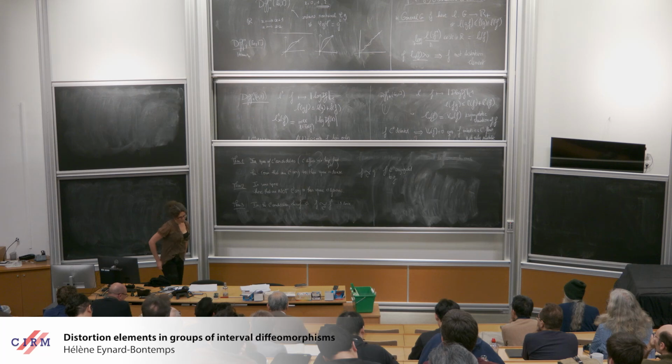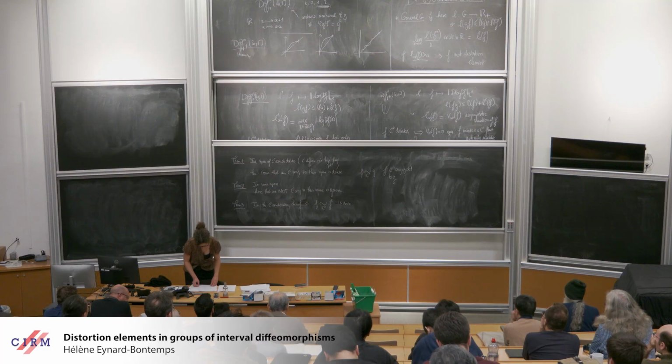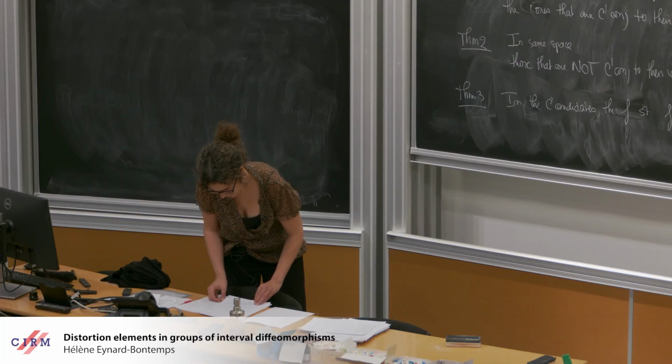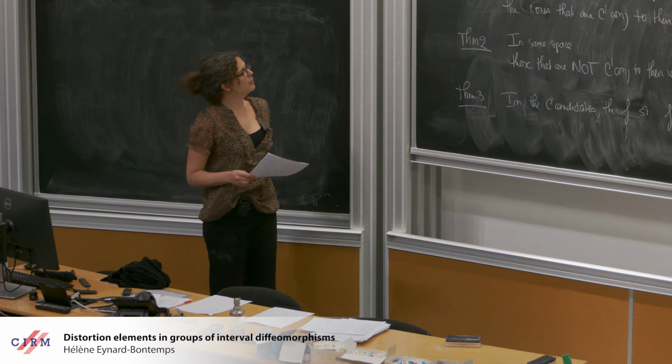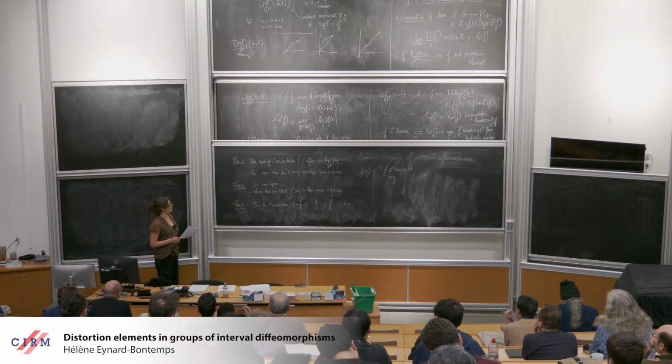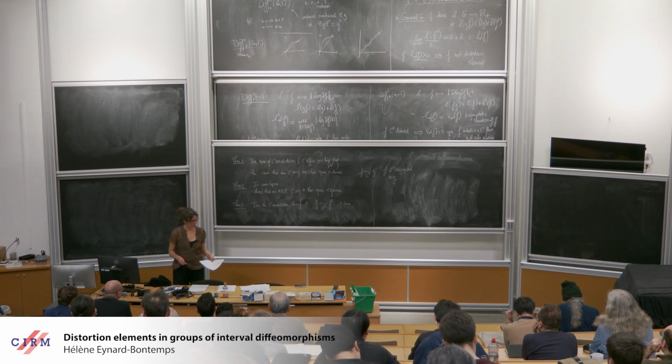OK, so actually, I'm going to focus on the first 2 theorems. I'm not going to exactly prove the second one. If I have time at the end, I would give you the ingredients for, we actually have 2 proofs, which are based on very different results.